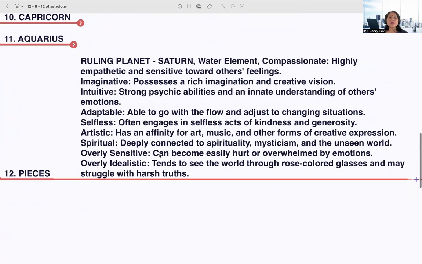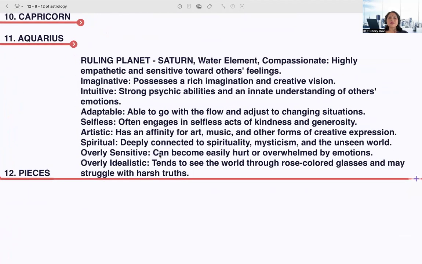They are imaginative in nature and possess a very rich imagination and creative vision. They know how to think out of the box. They are highly creative. They have a strong sense of intuition, strong psychic abilities, and an innate understanding of others' emotions. They are adaptable by nature. They are able to go with the flow and adjust to changing situations.